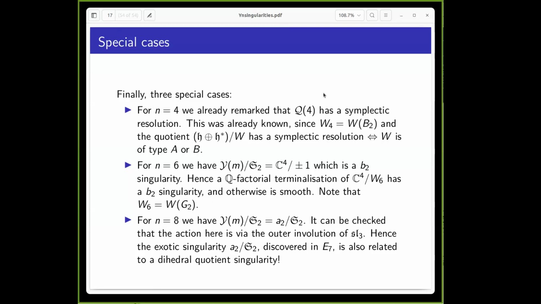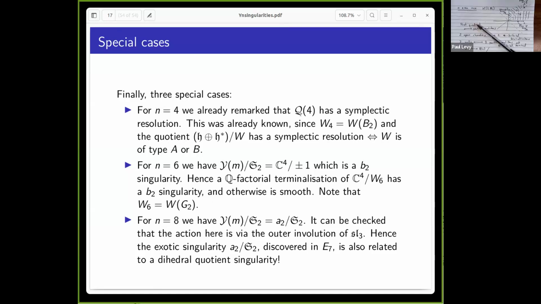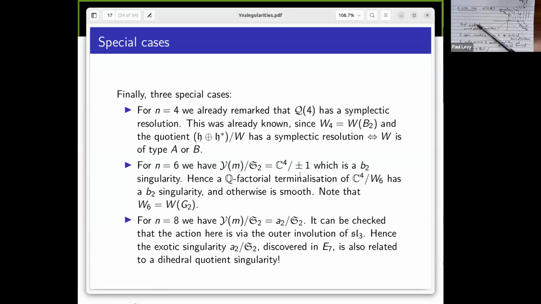For n equal to 4, we get an A2 singularity. That's Y of 4, a minimal A2, and you can resolve it in one of two ways. I already talked about that earlier. But for n equal to 6, Y over S2 is a B2 singularity.